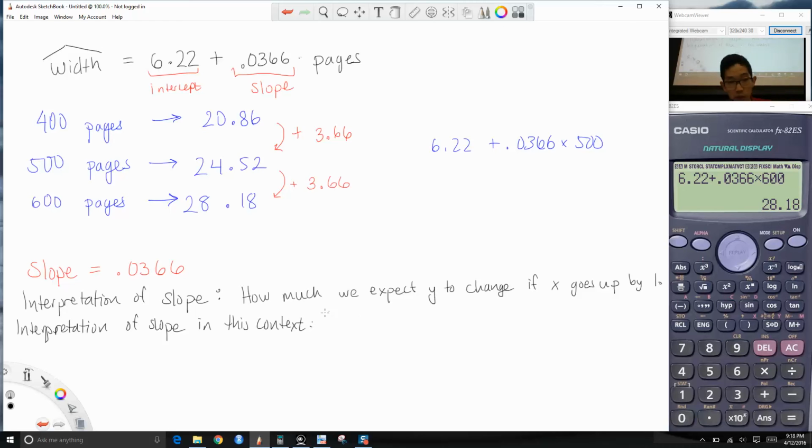Okay. So the interpretation of the slope in this context is how much we expect the width to increase if we add 1 page to a book.